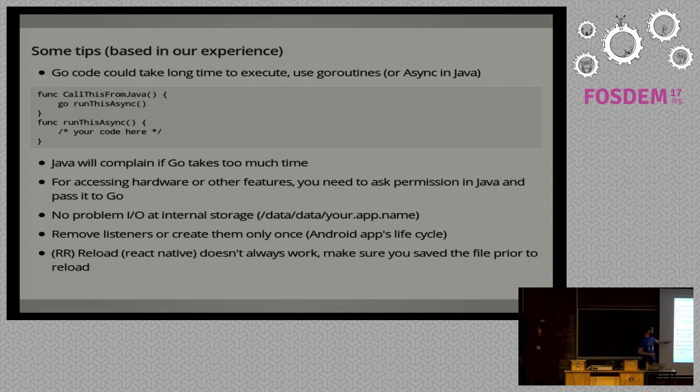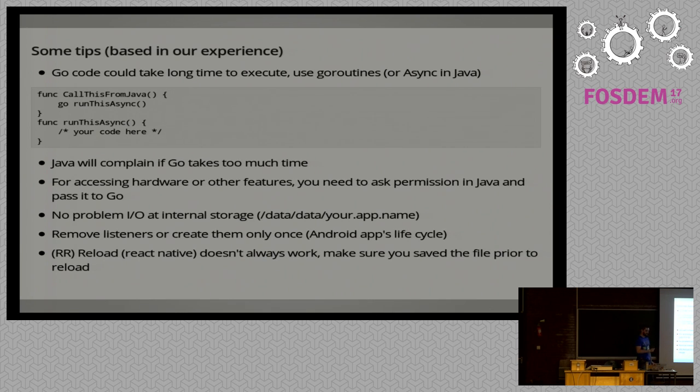As I said before, for accessing hardware or other features, you need to ask permission in Java, and then pass the file descriptor, the pointer, or the reference to Go. I've been told there is a little trick: you could target an older SDK version in Java that doesn't include that feature, so you may be able to use the USB directly from Go.